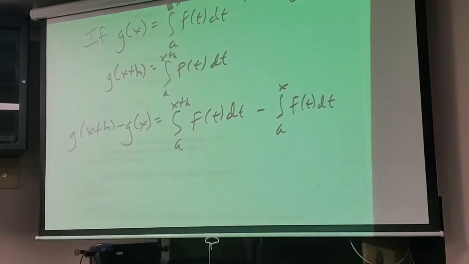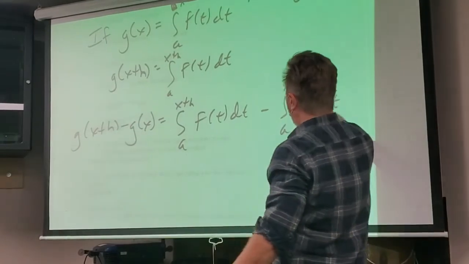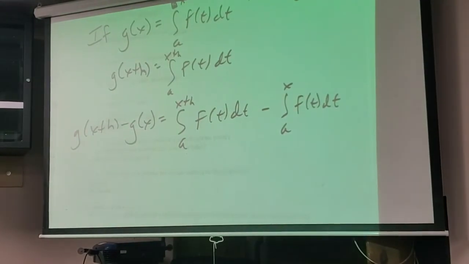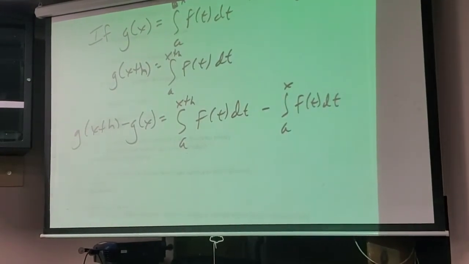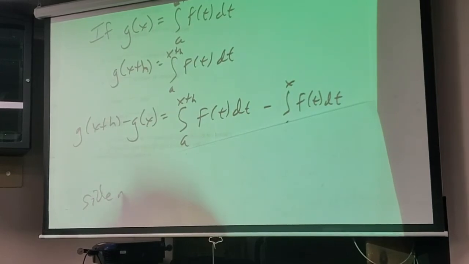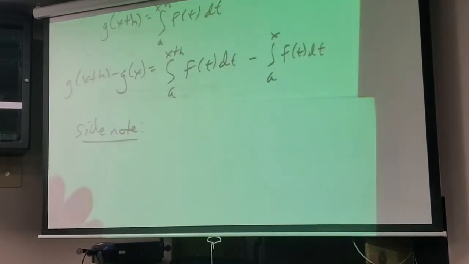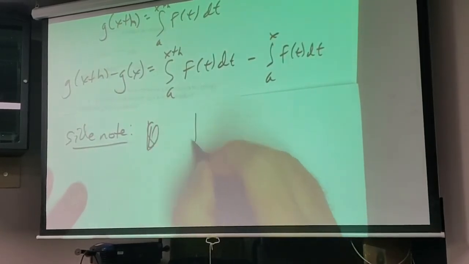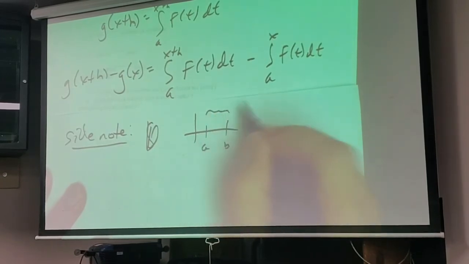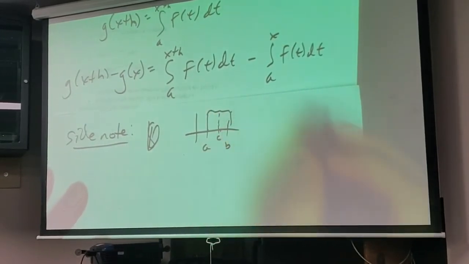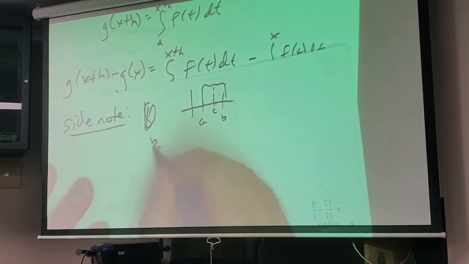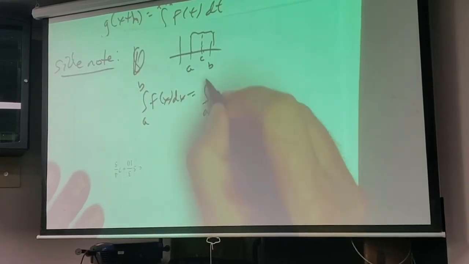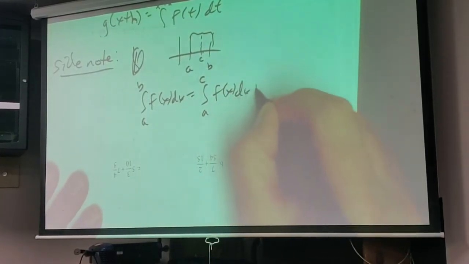Now, does anyone remember the property if I want to turn these around? Quick side note, just to remind you guys, wouldn't the integral from a to b of this function equal the integral from a to c plus the integral from c to b?